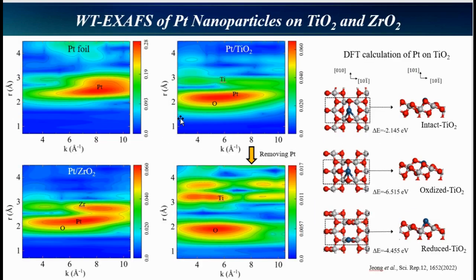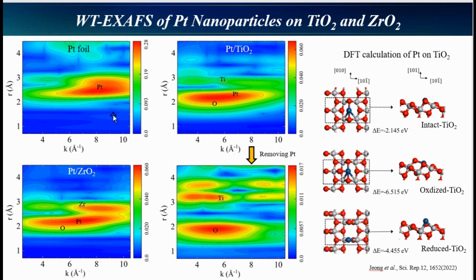You can see the wavelet transform EXAFS quantum maps of platinum foil, platinum nanoparticles on titanium oxide support, and platinum nanoparticles on zirconium oxide support. These wavelet transform EXAFS are obtained from EXAFS in k-space at a probing platinum atom with k weight 2.